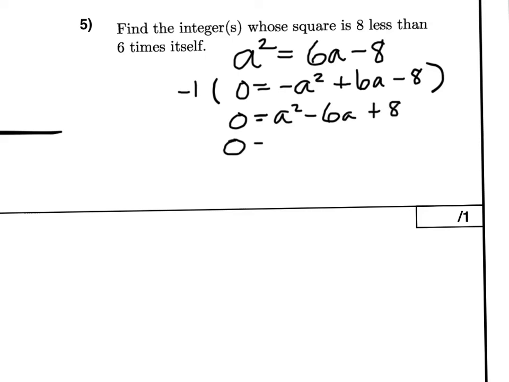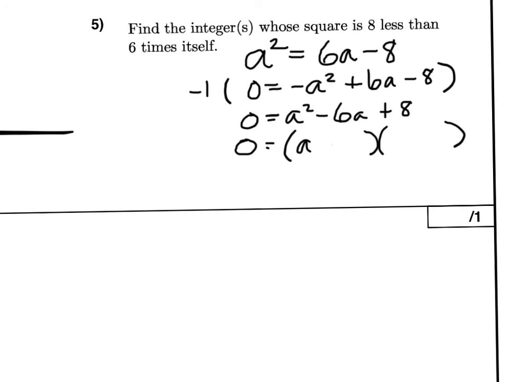And I can see that my factors, my two binomials, have to multiply to make 8 and add to make negative 6. So I should have a minus 4 and a minus 2.